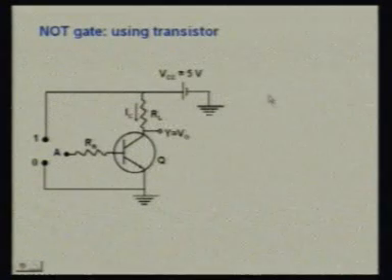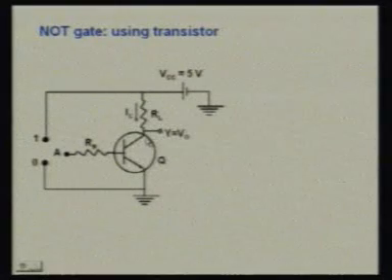Now you see, if A is in the 1 state, then there will be a considerable current through the base, and this transistor will be in the on condition, as we have seen in our previous slides, for the IC versus VBE characteristics, that when VBE was greater than some cut-in voltage, this transistor was in the on condition.